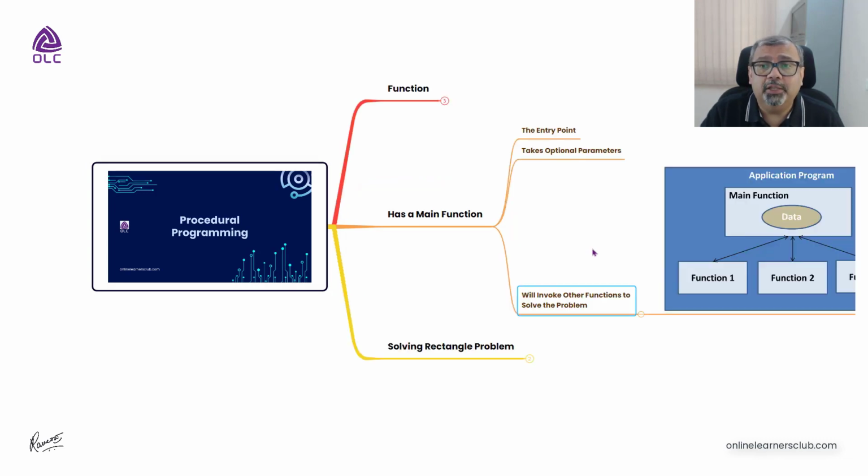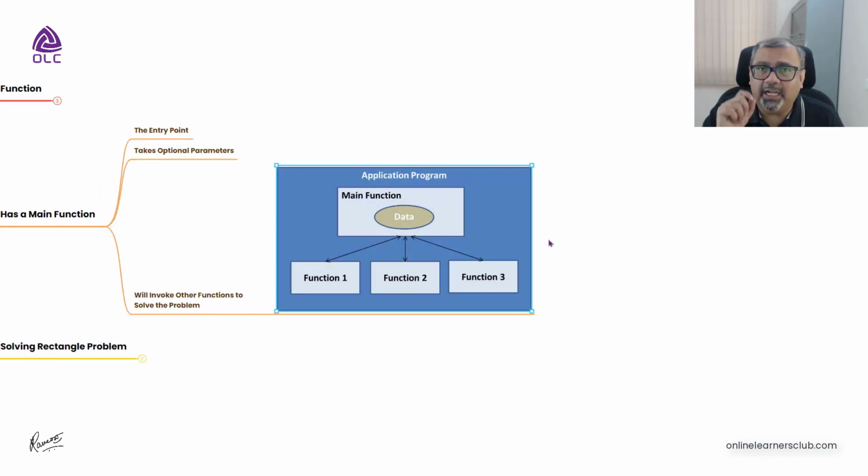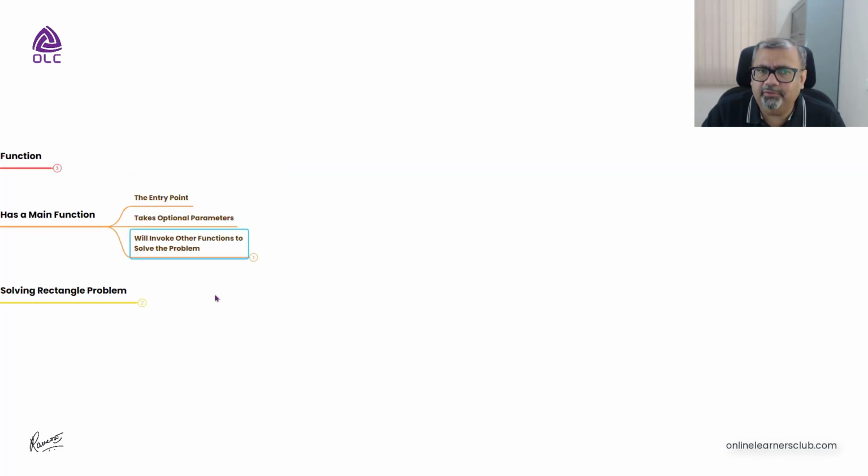For example, the main function is the entry point to the program and has the relevant data required for solving a problem, and it will also invoke different functions and interact with them. This is the way in which a procedural language typically works.